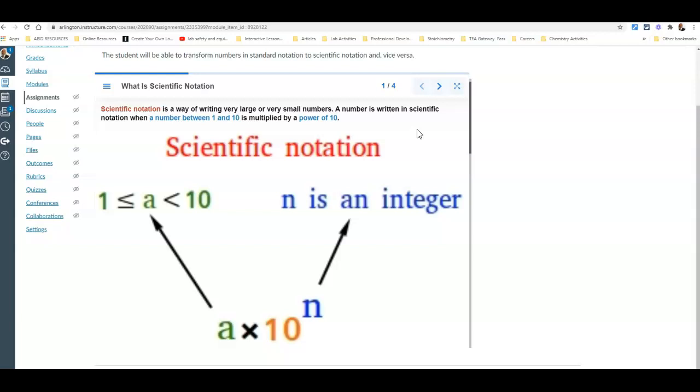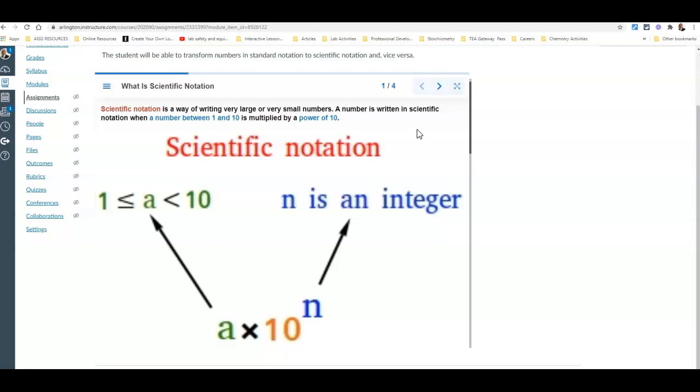When we're doing what's called mole calculations, you're going to encounter very small numbers and also very large numbers. So it will be very tedious having to type in all the zeros, all the digits in a calculator. And because of that, to make it easier, we're going to be using a lot of scientific notation. Going to write most of them in scientific notation. So it makes it easy.